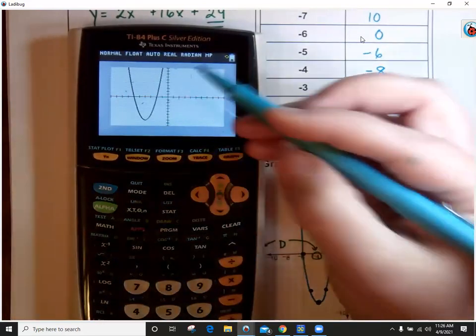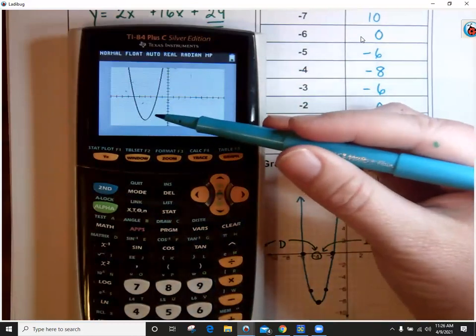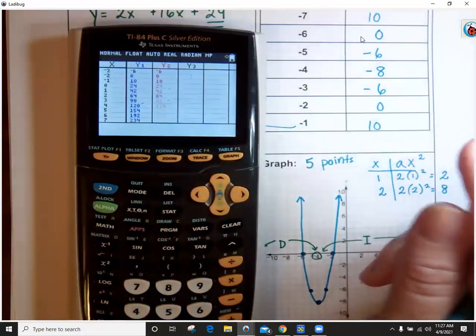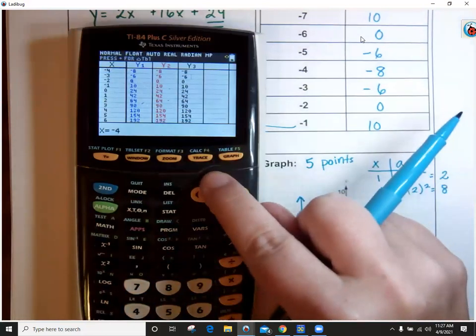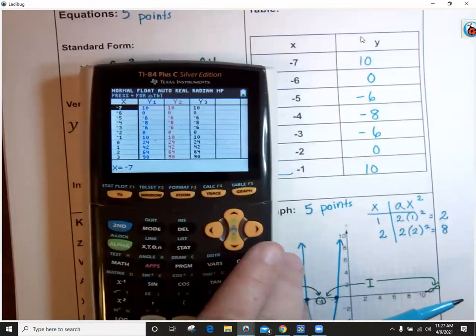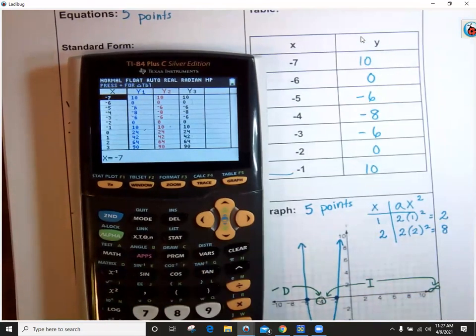So I saw it graph all 3 equations, so I know all 3 equations are talking about the same function. And then I would look at the table and make sure the numbers in the table match up to my table. And if all of that matches up, then I feel pretty good about my answers.